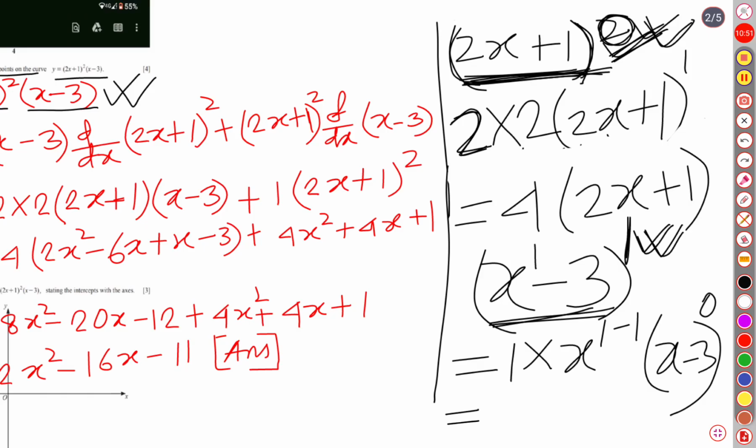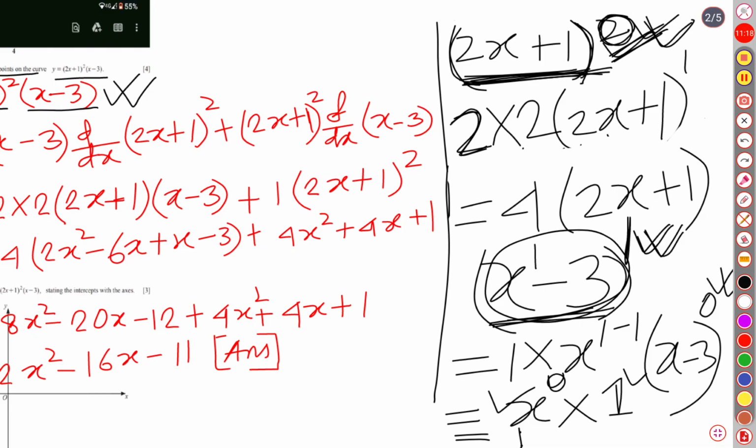So ultimately we get x raised to 0 into, here also the exponent is 0. When the exponent is 0, it's actually 1. X raised to 0 is 1, and 1 times 1 is 1. So the derivative of x minus 3 is 1.